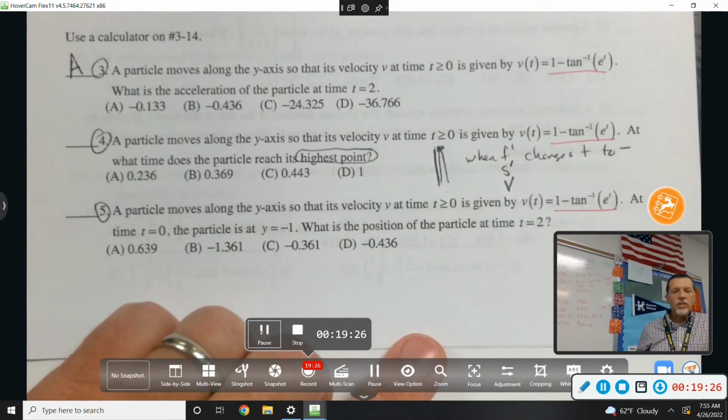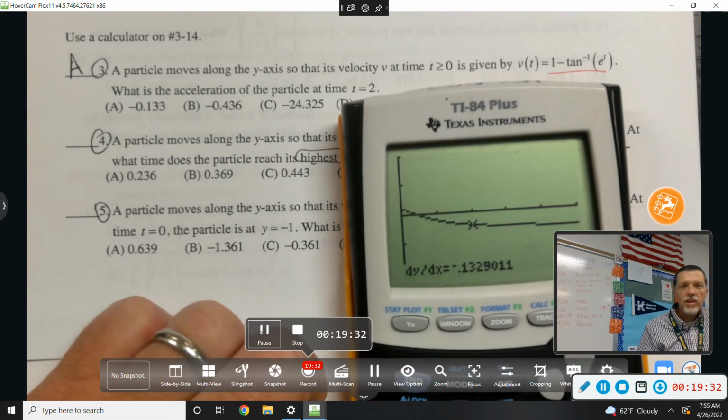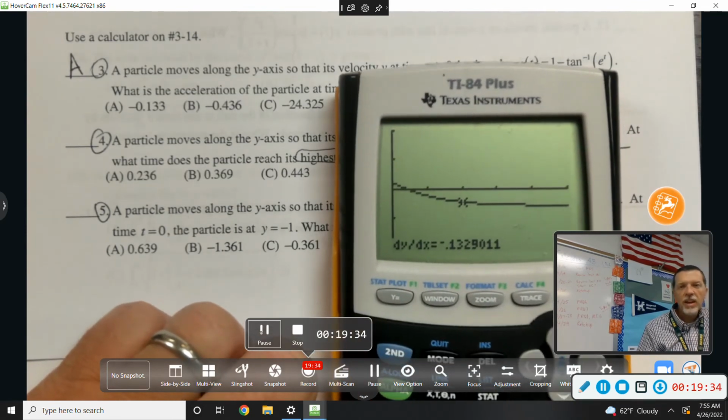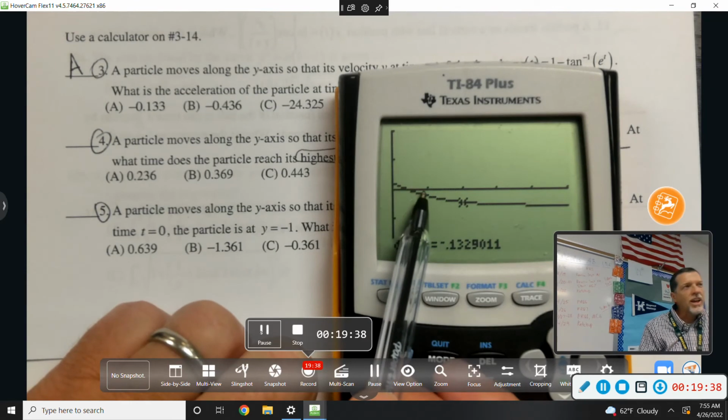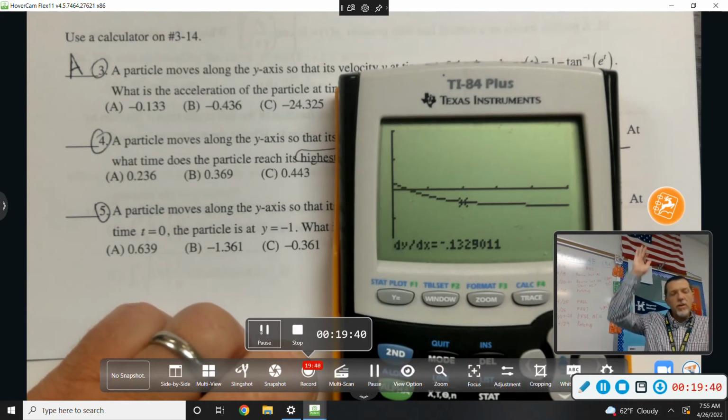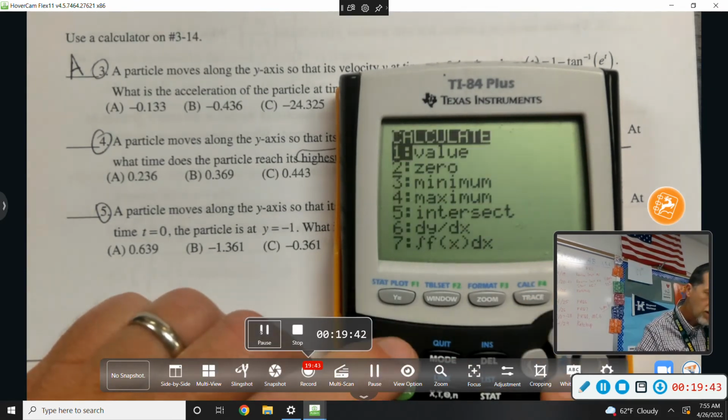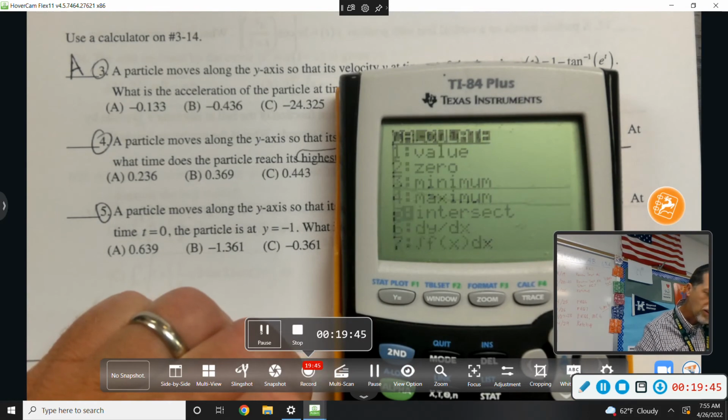So be careful, it's not when the derivative changes from positive to negative, which you would never get because it looks like the derivative is always negative. But there is a spot right there where velocity changes from positive to negative. So that's when it changes from going up to going down. So let's find that intersection.